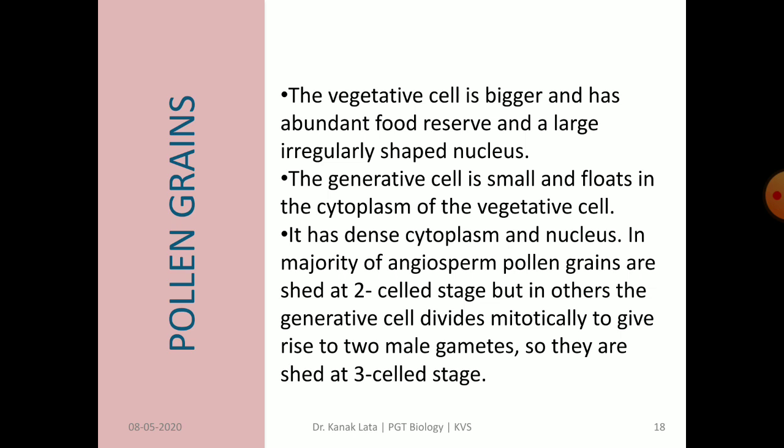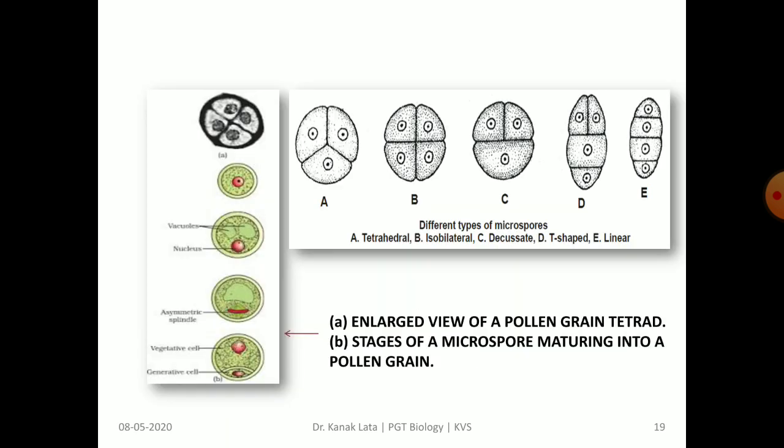In the majority of angiosperms, the pollen grains are shed at this two-celled stage. But in some other cases, the generative cell again divides mitotically to form two male gametes, and hence they are shed at three-celled stage. This diagram shows an enlarged view of pollen tetrad and stages of a microspore maturing into pollen grain showing vegetative cell and generative cell.